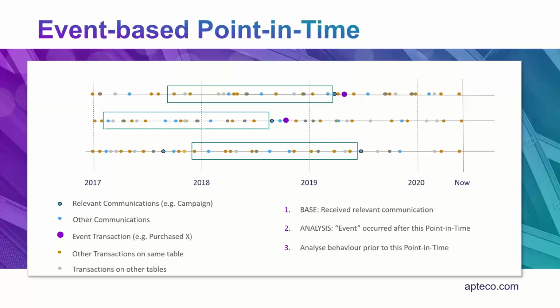So what we're working on now, my colleague Ray Kirk, who's actually on the call for questions later, is working on the mechanism to detect the relevant communication and set that as a reference point, and then look for the group who have performed the activity that we're interested in, so in this case the purple blob, and compare those people with the people who did not take the activity that we're interested in.